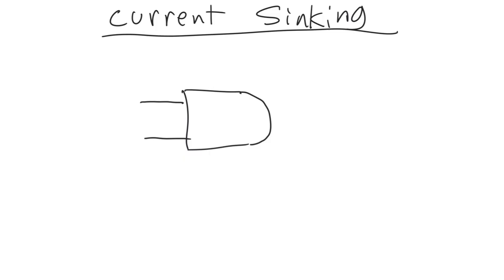So current sinking means that current is flowing into the gate, and inside the gate, I mean, this is simplified, there's a transistor which is then saturated, so it pulls the output down to ground essentially.